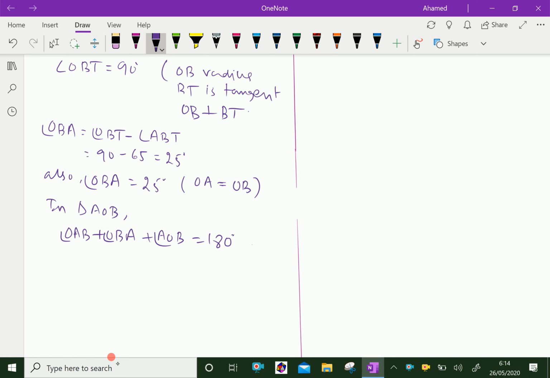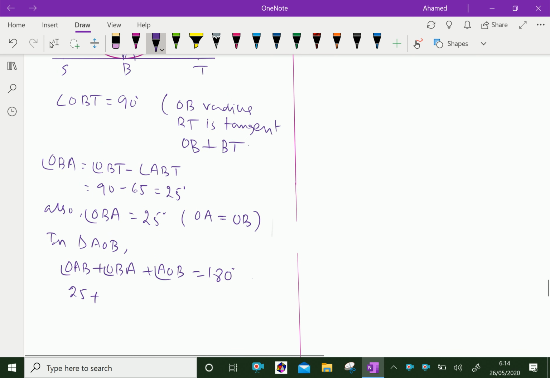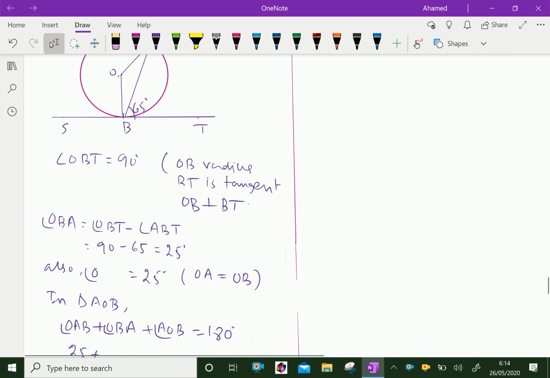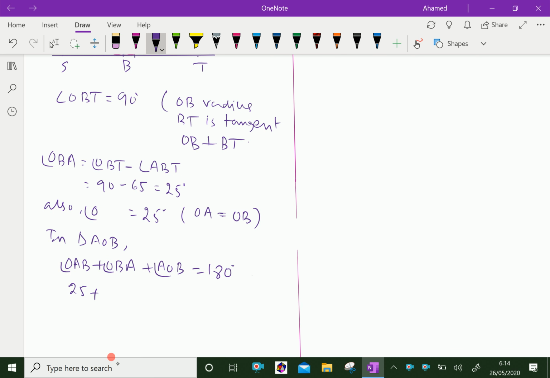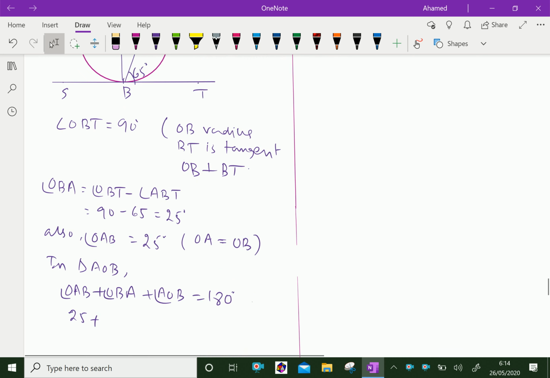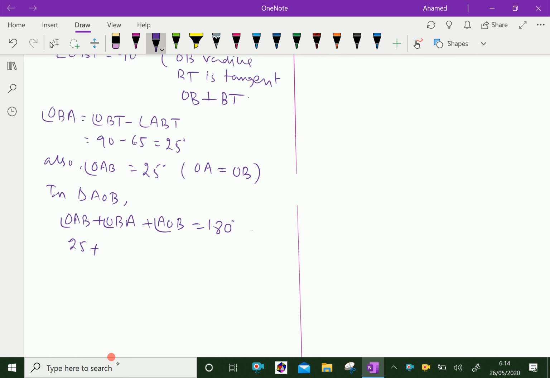Therefore, OBA is 25 and OAB is also 25. 25 plus 25 plus AOB equals 180.